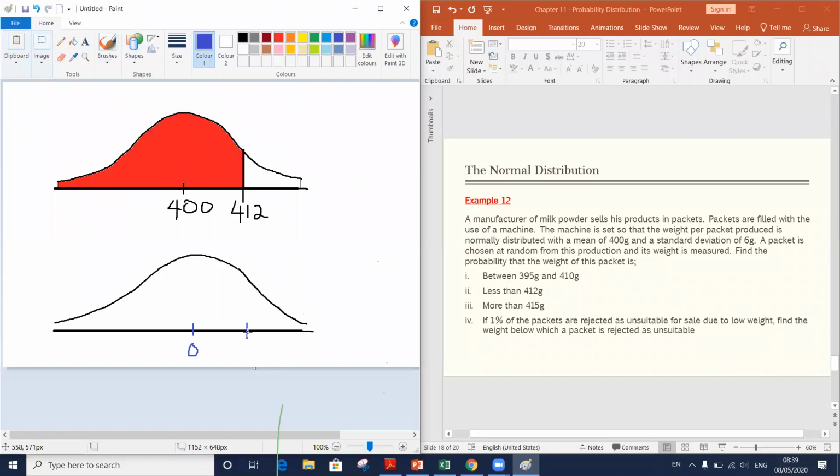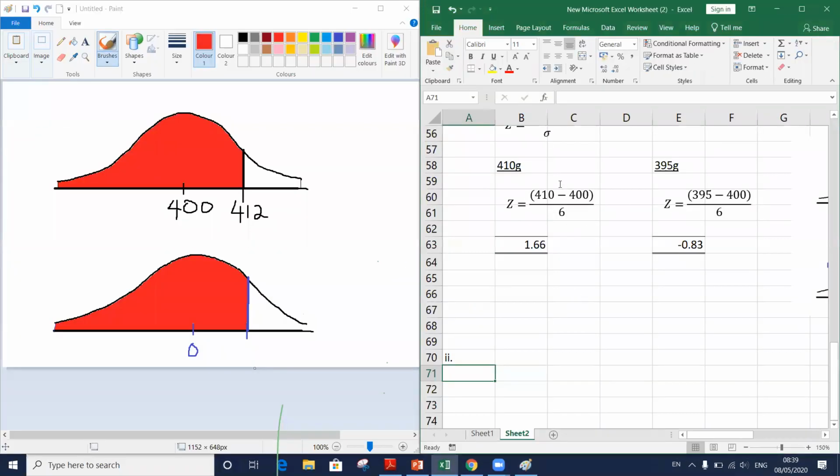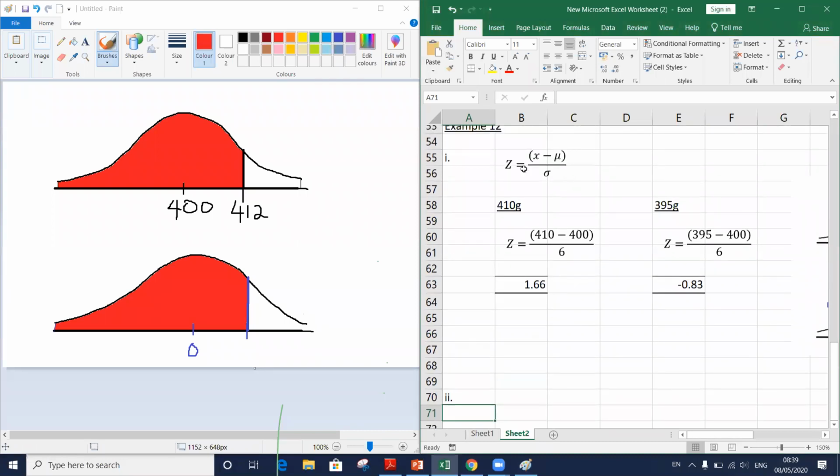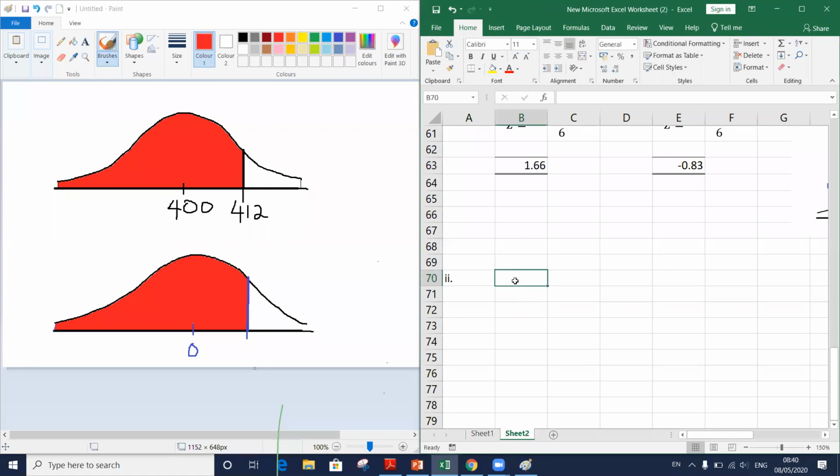For that we can make use of the z formula. This is the z formula: X minus mu divided by standard deviation.